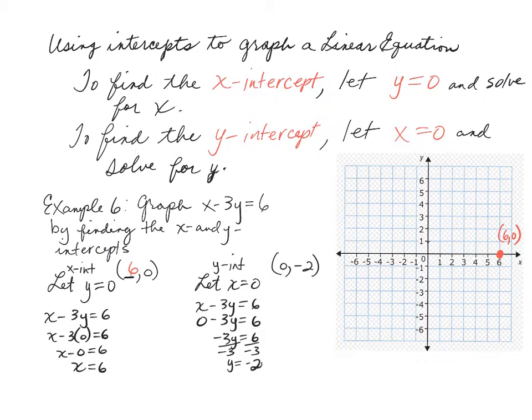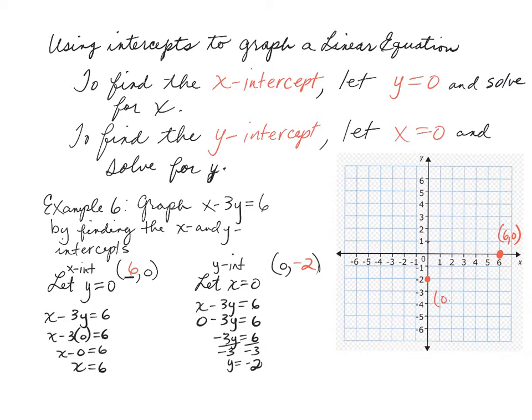I want to make it a different color. Y is -2. So I'm going to plot this. 0 and -2 is down here. And so we can graph that line now by connecting and extending those 2 points.